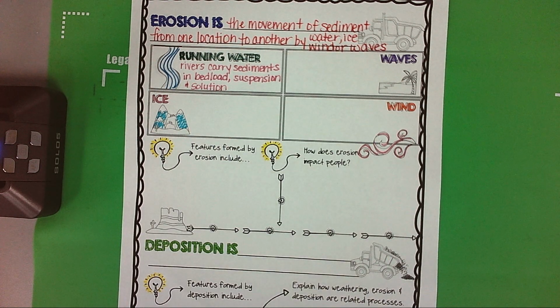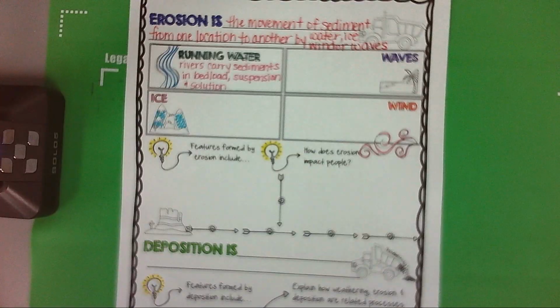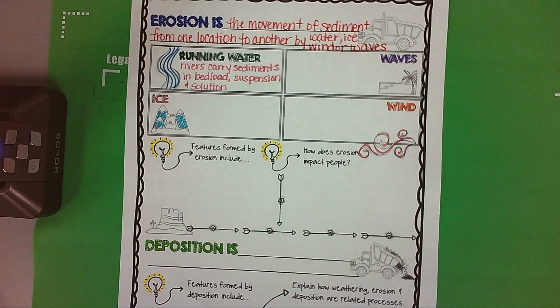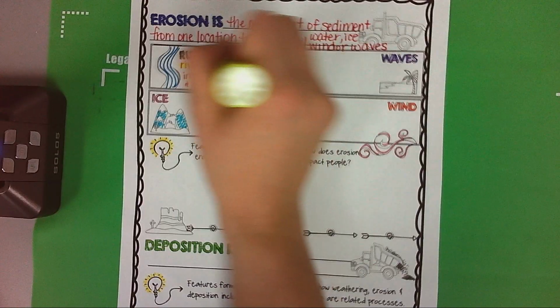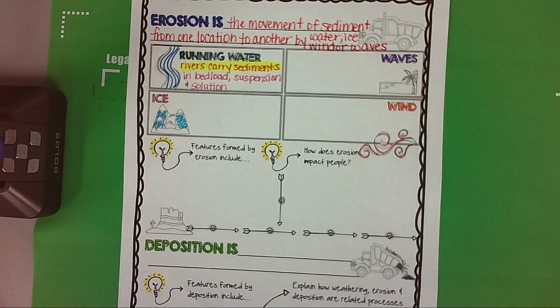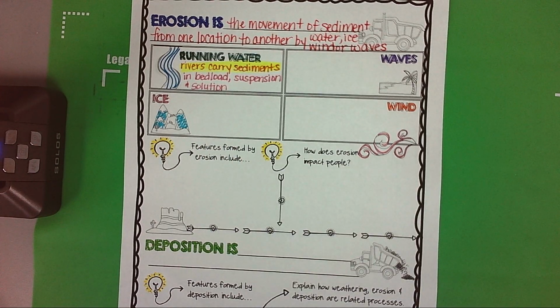Okay, so rivers carry sediments. That's the most important part right there. So let's highlight that part, or I will highlight it so that you know that's the most important part about running water.